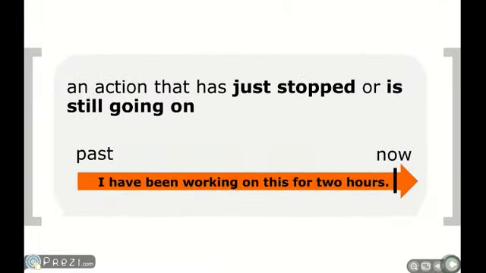So much for the formation, and now let's continue with the use. Now again, let's have a look at the sentence. I have been working on this for 2 hours. Now why do we use the present perfect progressive in this sentence? We use it for an action that has just stopped or is still going on, and that's the important thing. We stress the duration of the action, and the action might still be going on in the present.